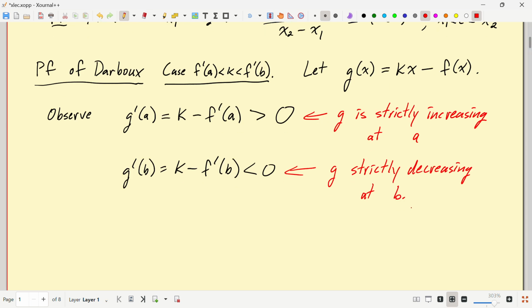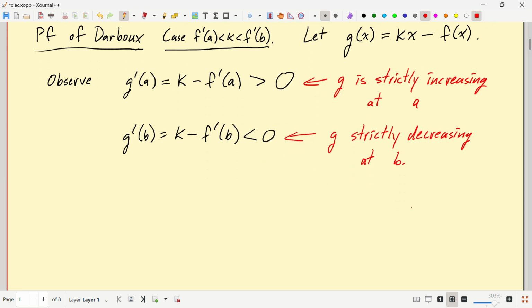And now the only thing left to note is that g differentiable implies g is continuous.